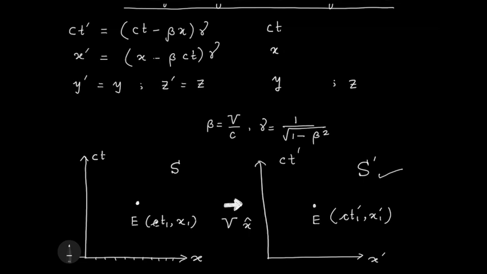prime frame? I can do that simply because what you see is that if this frame S prime has a velocity v with respect to S, it is obvious that then S will have a velocity minus v with respect to S prime. So all I have to do is wherever I have v, I have to put minus v.